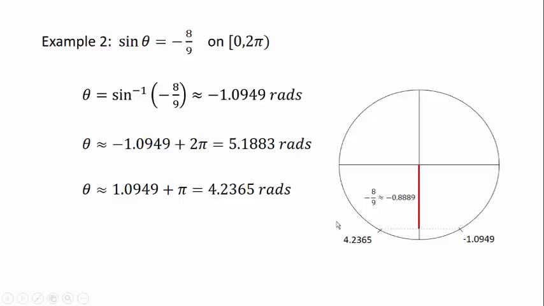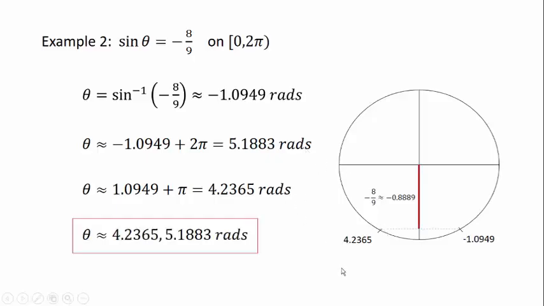So I've labeled it right here. So this 4.2365, that represents, starting from 0 here, this radian measure. So those two will be my solutions to this equation, sine of theta is negative 8/9.